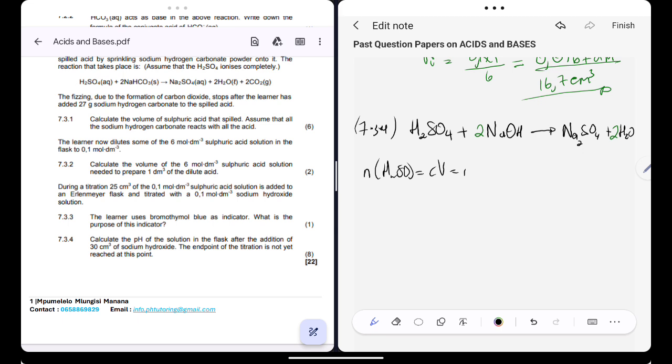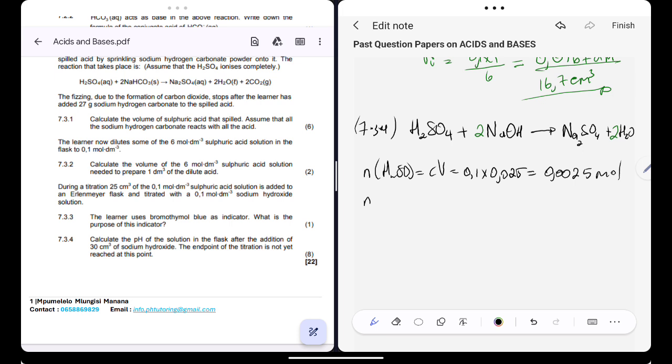My concentration is 0.1. The volume is 0.025. So the number of moles is 0.1 multiplied by 0.025. I'll simply get 0.0025 moles.